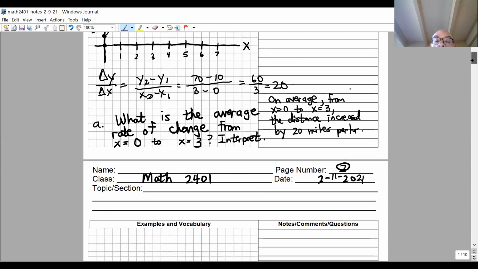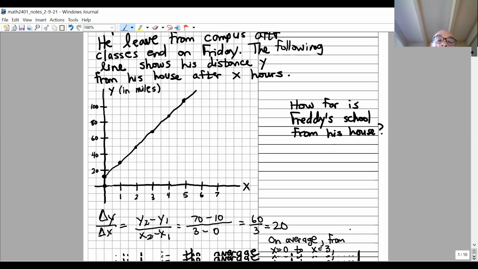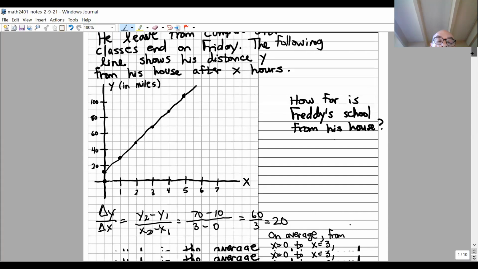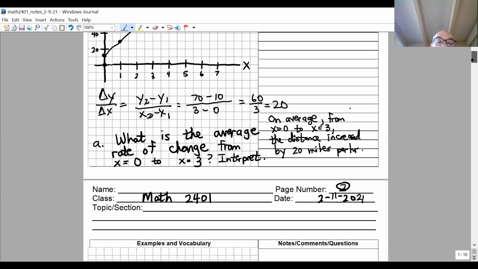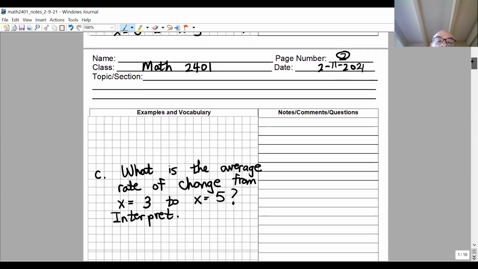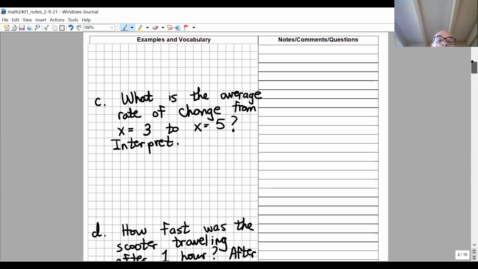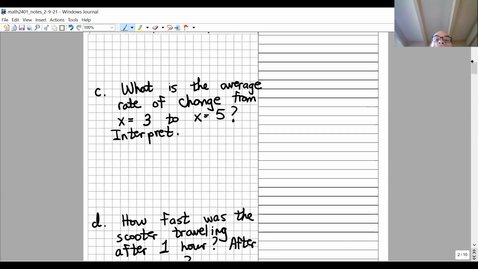Now, look, for this simple function, since it's a straight line, if I ask this same question for different x values, the answer is going to come out the same. So if I ask, what's the average rate of change from x equals 3 to x equals 5?